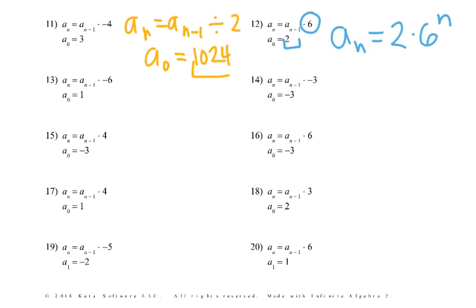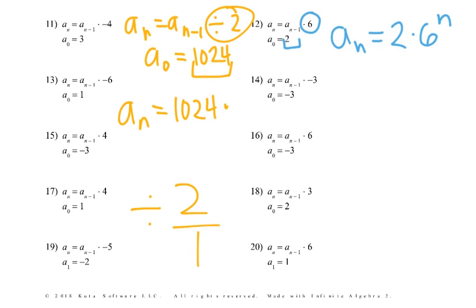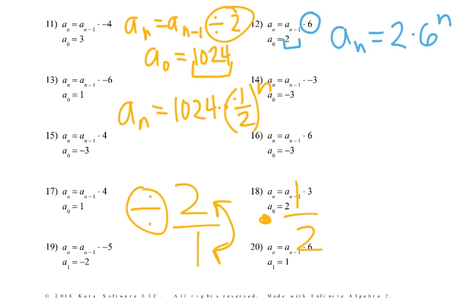So again, it started there, so I'd go a sub n equals 1024. But instead of dividing by 2, I have to multiply by the reciprocal. If I made 2 a fraction, I'd put a 1 under it. The reciprocal means I just flip it, and I change this to a multiply. So dividing by 2 is the same as multiplying by 1/2. It doesn't change my problem, it just puts it in a format that works with the explicit.